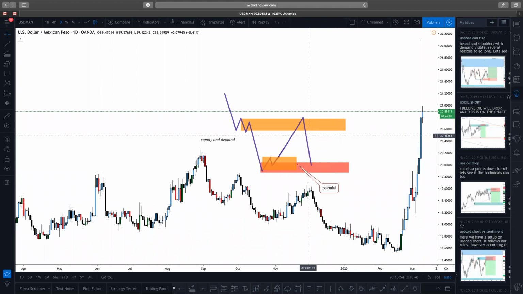So let's say that demand did not completely remove the supply, then when the price retraces to that demand, because we basically want to score these levels, right?